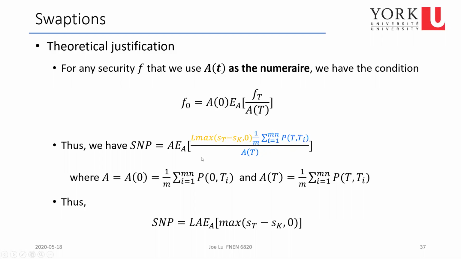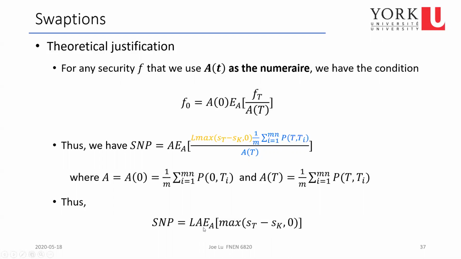So then this expression becomes this expression. You pull the L out as a constant, so L times A, and the expected value of this part, max of S_T minus S_K or 0.